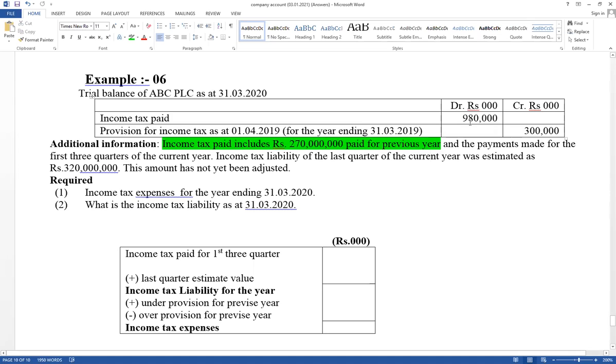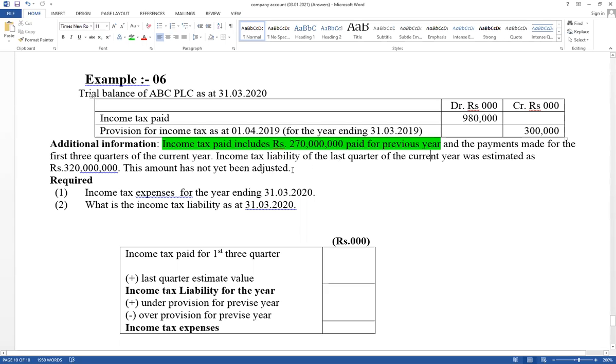Then the first 3 quarter paid amounts can be recognized. From 980,000 deduct 270,000. Total paid amount is given, and it includes 270,000 paid for previous year.